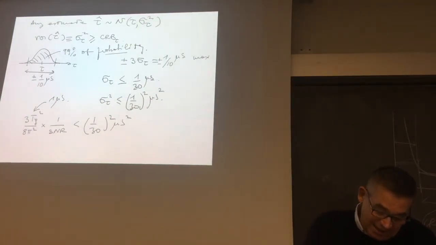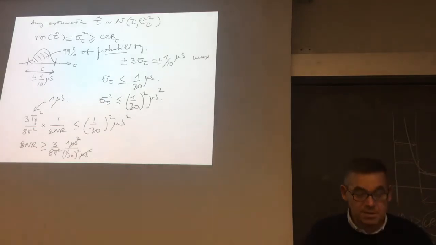So this is saying that the SNR is larger or equal than 3 times 8 pi squared, then 1 microsecond squared on the other side, and (1/30) squared microsecond squared.